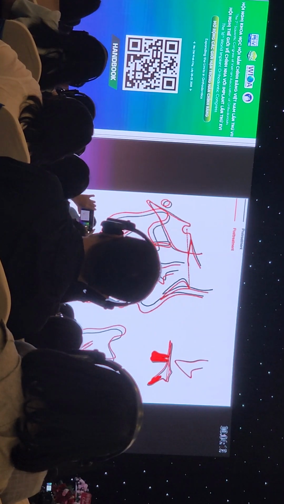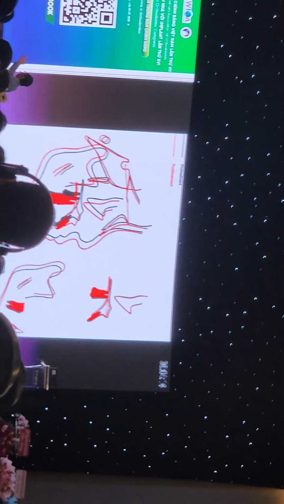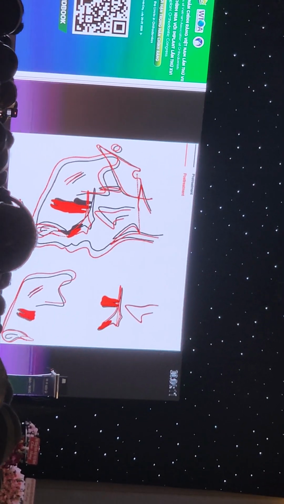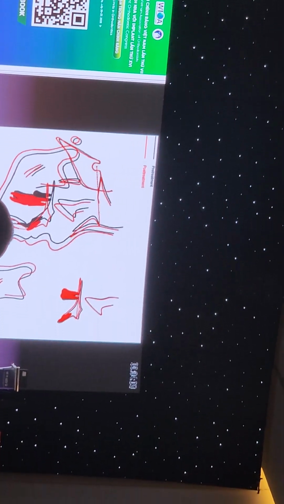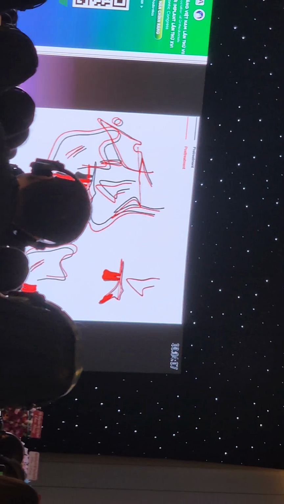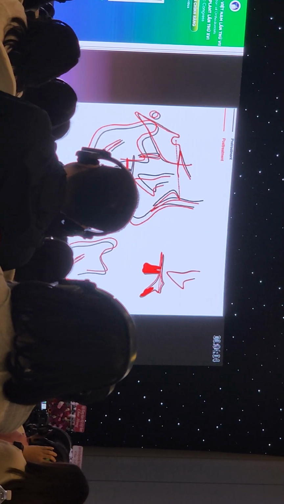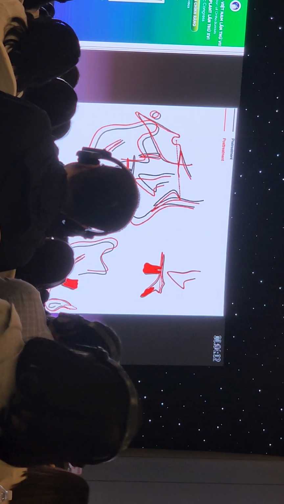So you can see, the reason I want to show you this is there are orthopedic effects with just elastics. Very interesting. So that would probably be one option you can do.